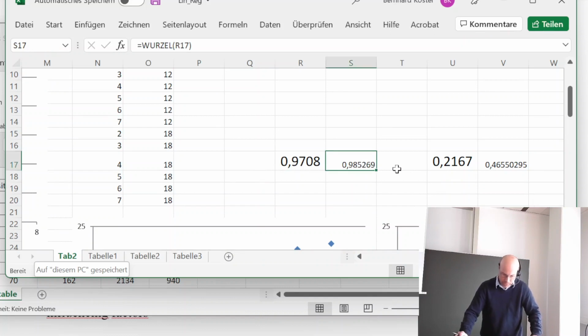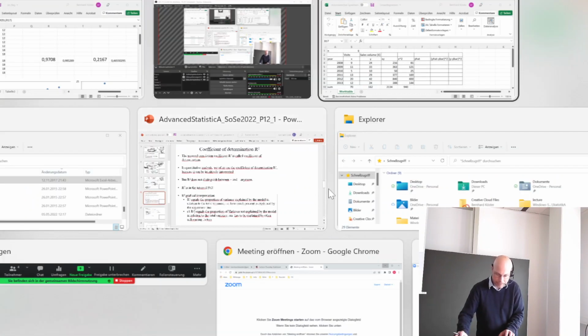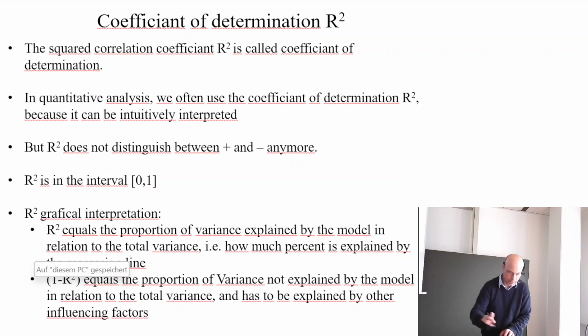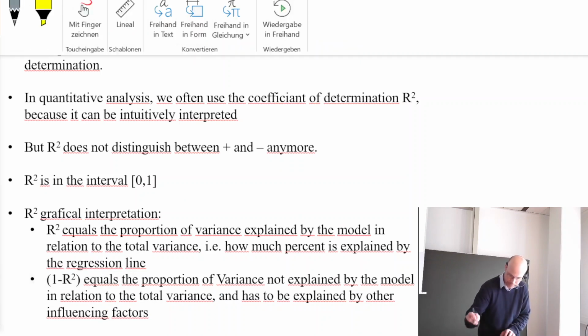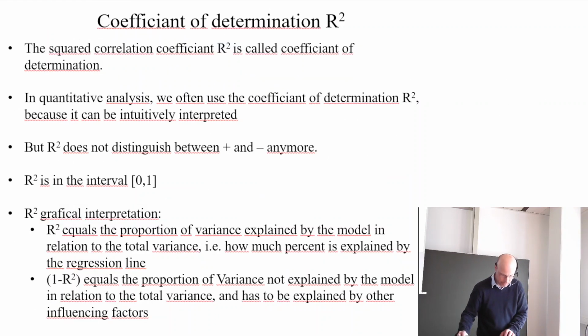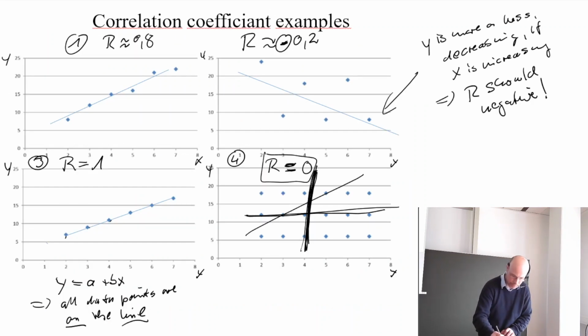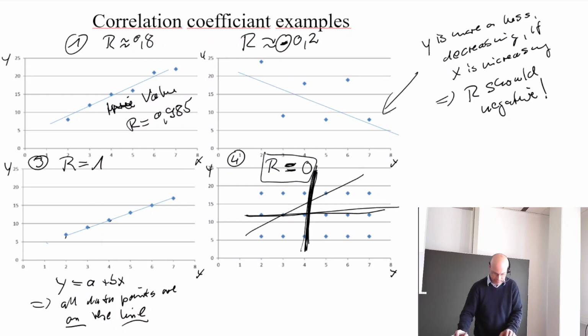So for the first one, we have 0.985. So here, the true value R is 0.985.